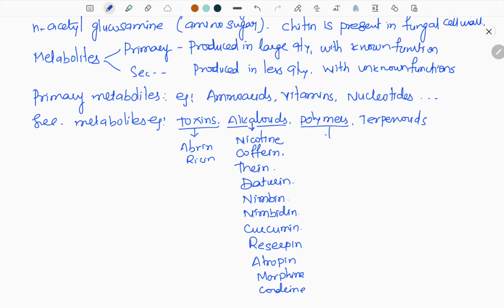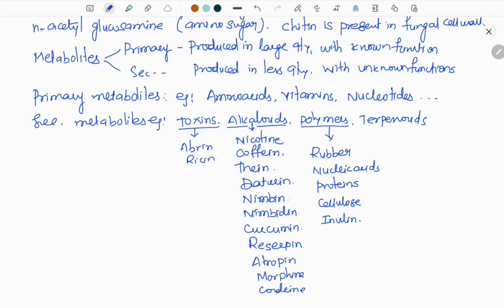And polymers, we can give examples for polymers like rubber is a polymer, and so many examples we can give. Nucleic acids are polymers of nucleotides. Proteins are polymers of polypeptides, that is amino acids. Cellulose is a polymer of glucose, and inulin is a polymer of fructose.